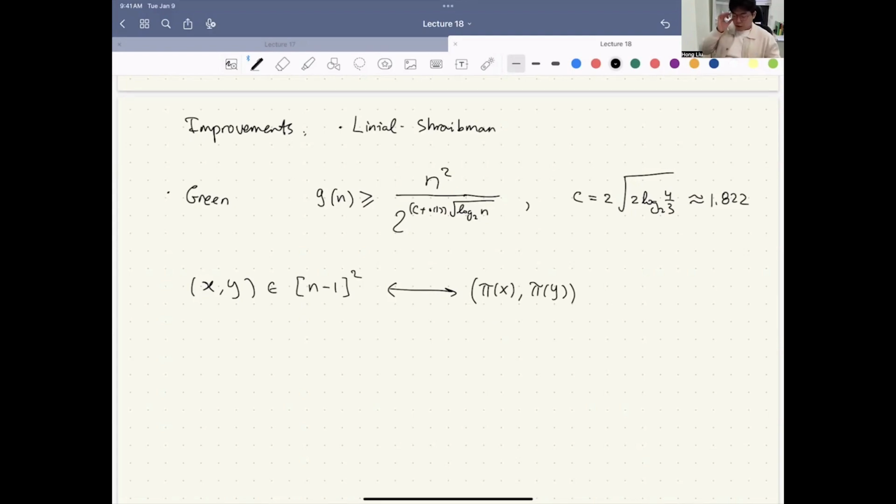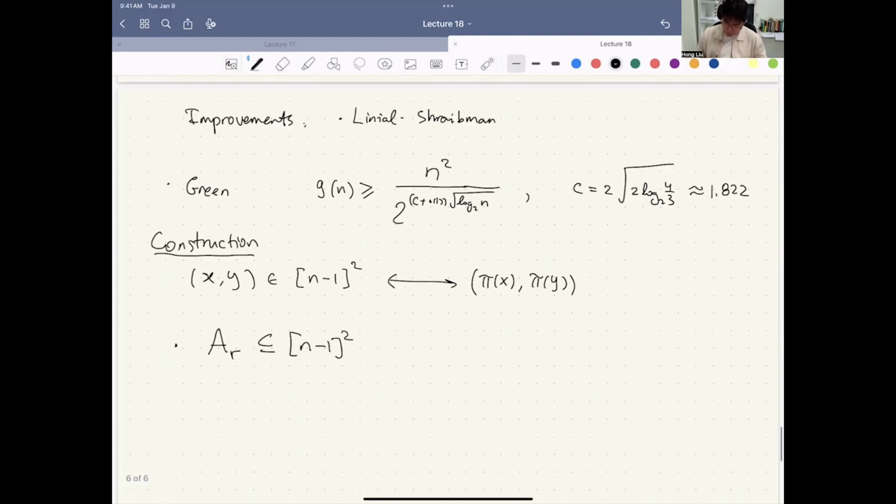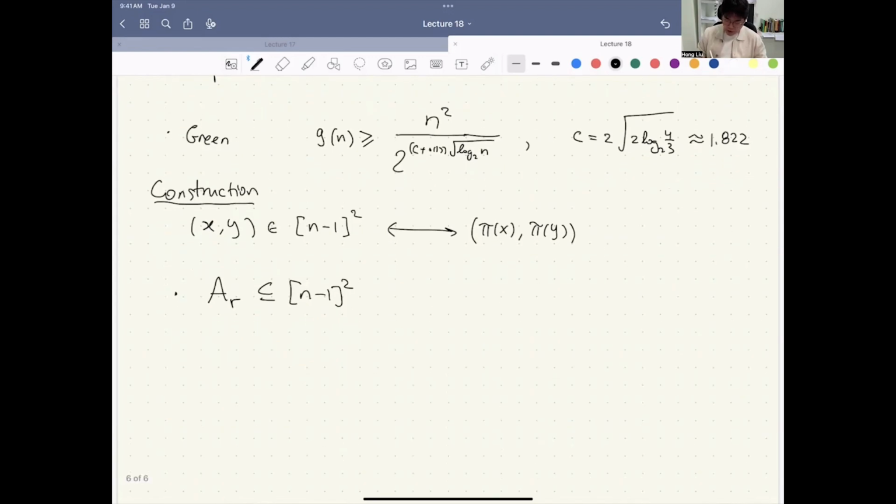Okay, we're going to consider sets A_r now, the construction. We can consider set A_r of the following form, where A_r consists of points (x, y) such that it satisfies two things.